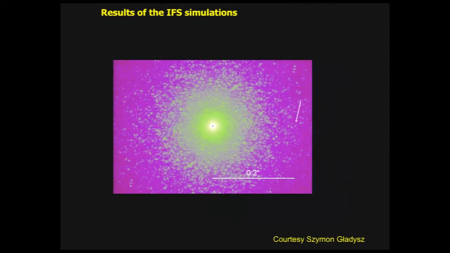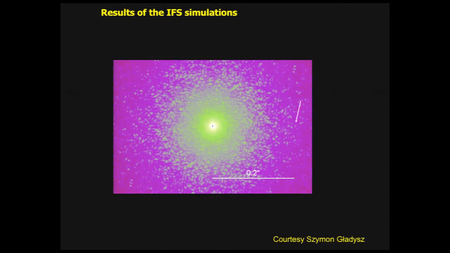And the point is that there are techniques that allow you to understand better or to improve your capabilities of going down in contrast, and this is an example of one. You can see the arrow points towards a planet in a system where you cannot distinguish the planet from the speckles that remain after the suppression of the light from the parent star.